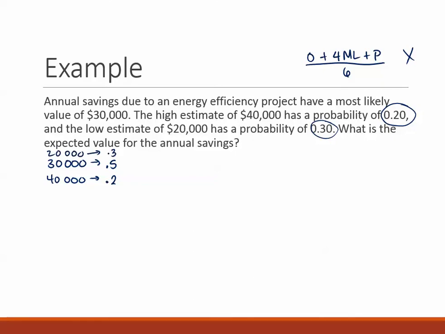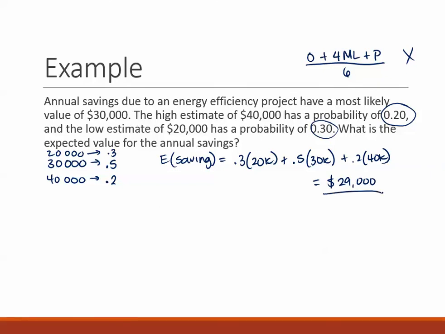And now I can do what I did earlier. What is the expected value of the annual savings? This is going to be 0.3 times 20K plus 0.5 times 30K plus 0.2 times 40K. And it gives me 29,000.